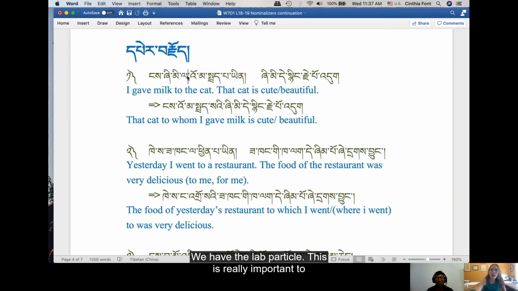We have the la particle. This is really important to understand. I gave milk to the cat. The cat is the one I gave milk to. So the cat is my destination, my recipient for my action. In the relative clause, the la of shimi la, to whom I gave the milk, becomes the sa with the akikui, te se.